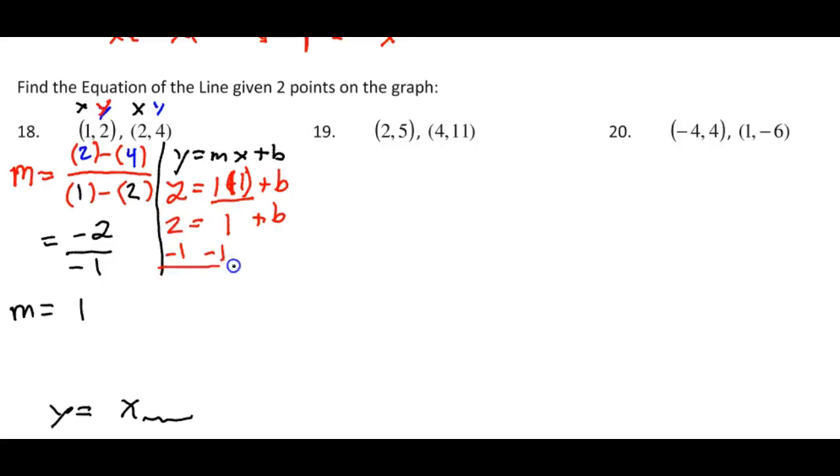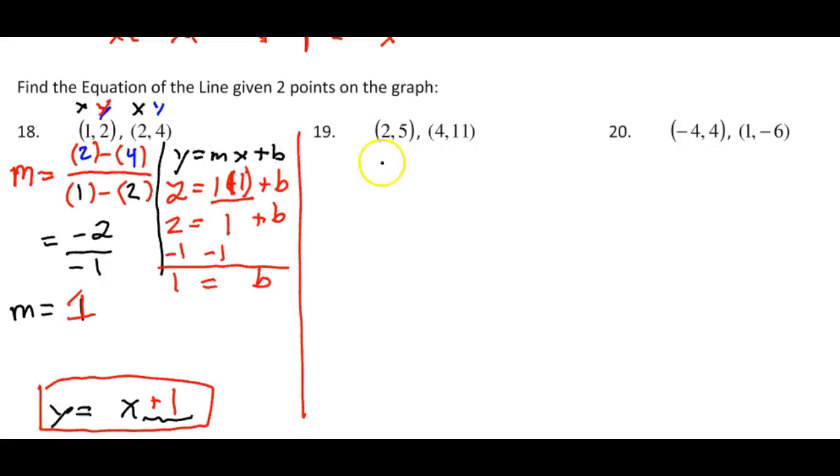And subtract to get the y-intercept. So I know my y-intercept is 1, so my answer will be y equals x plus 1. Notice how I didn't write 1x plus 1, I left the 1 off. So even though the slope is 1 here, I just wrote x instead of 1x. So y equals x plus 1.